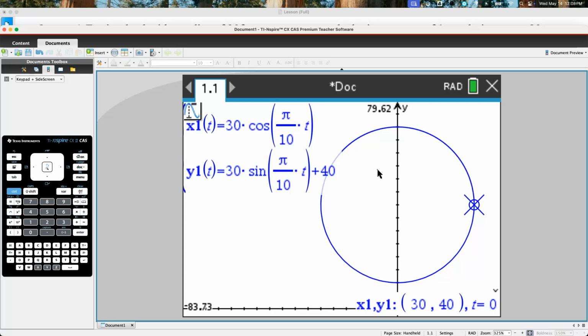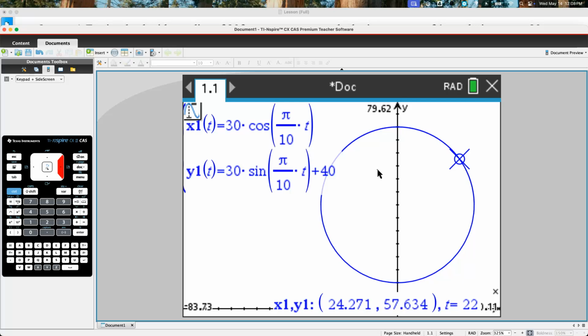And so you can scroll to the right and go all the way to 22. I went to 30 so I can. So there's 22. There's my position.